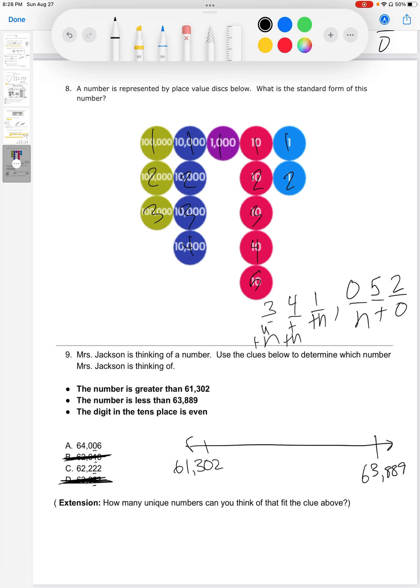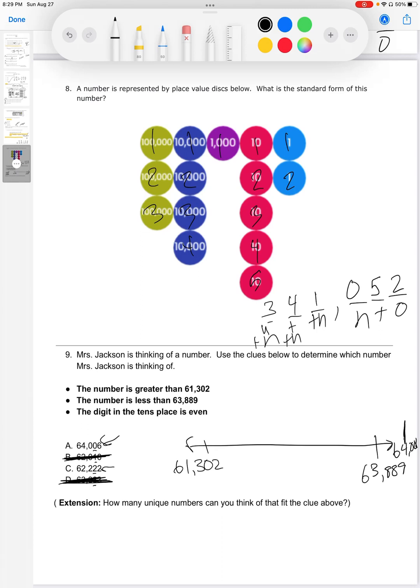And I'm going to decide where these would go on this number line. Well, the first number I'm looking at is 64,006. I know that 64,000 is greater than 63,000, which means this answer is going to be somewhere over here. That doesn't fall within my clues because it says it has to be less than 63,889.